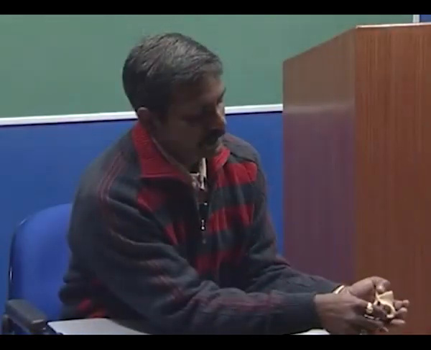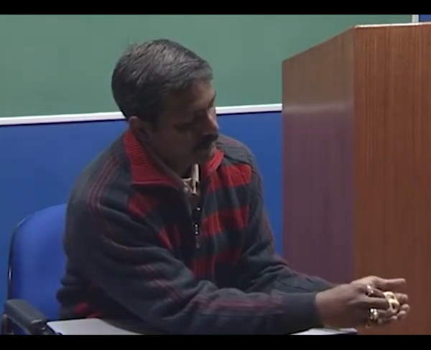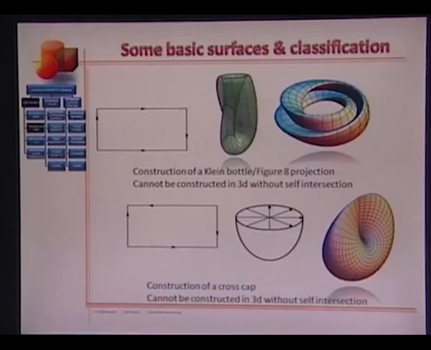Now I'll try to join 2 diagonally opposite points, and then this, and then this, and then this. I'll keep doing this to get a cross cap. Note that even a cross cap cannot be constructed in 3 dimensions without self-intersection.